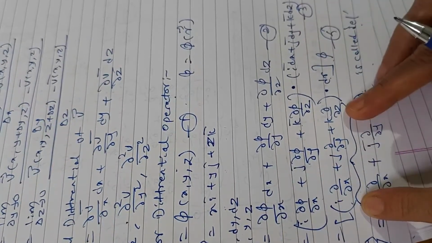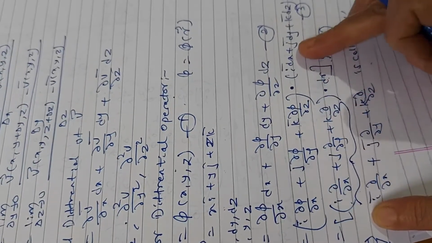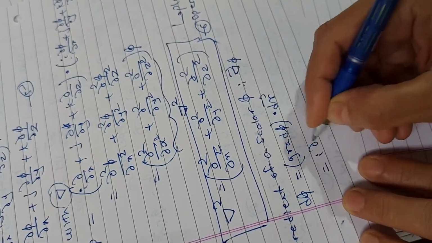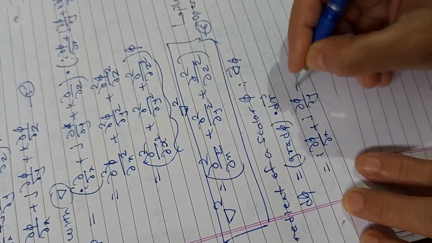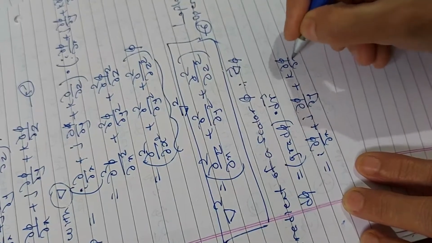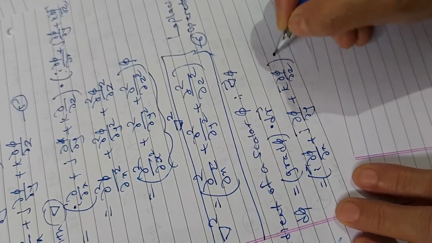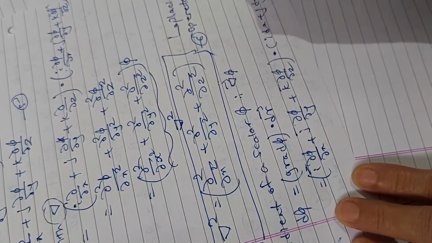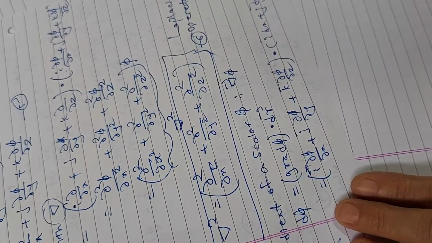This is my grad phi. Correct? This is my grad phi and this is my dr. So I'll write the same term over here again, which is the definition of grad phi. So I'll write i ∂phi/∂x plus j ∂phi/∂y plus k ∂phi/∂z dot i dx plus j dy plus k dz. This is my grad phi.